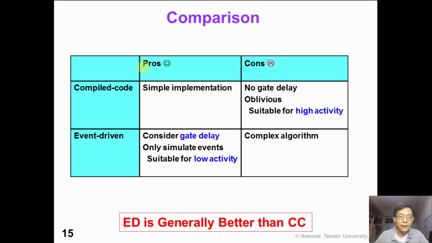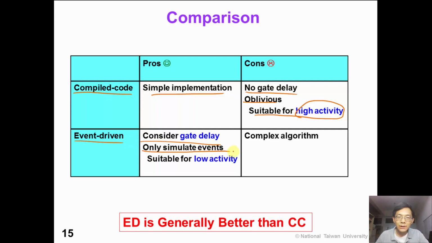Now we compare two techniques. The compiled code is simple to implement, but it does not consider gate delay, and it's oblivious. So it may be suitable for high circuit activity. The event-driven simulation considers gate delay.